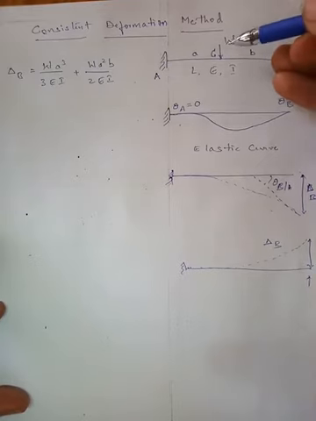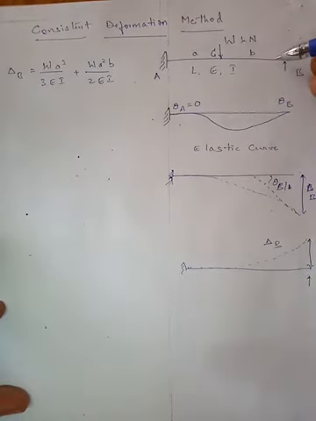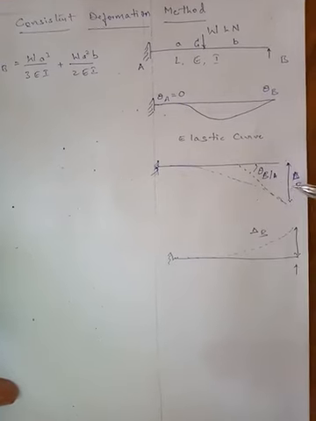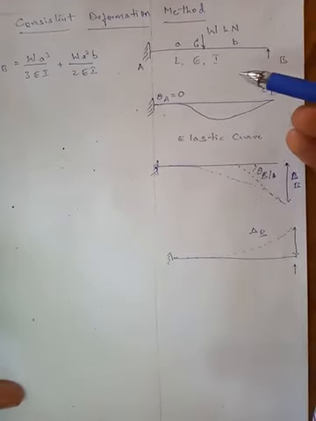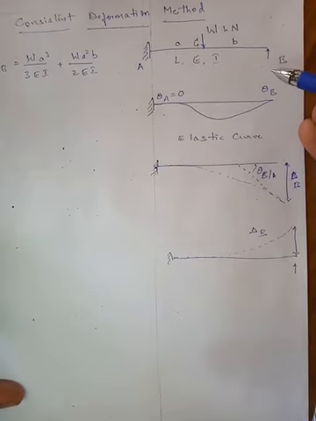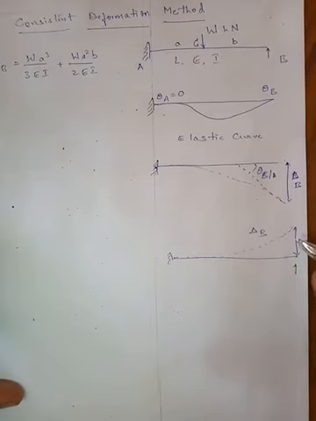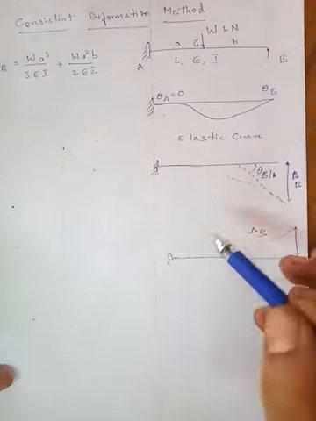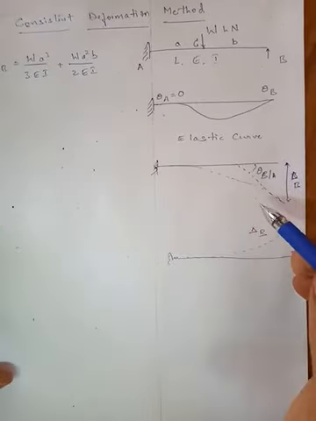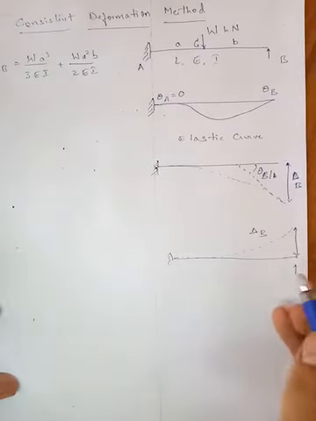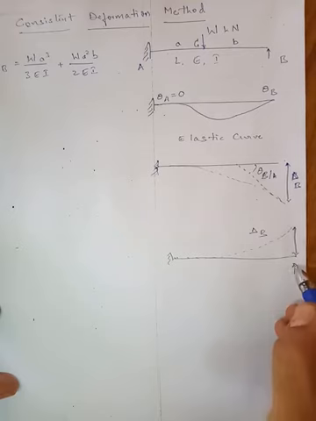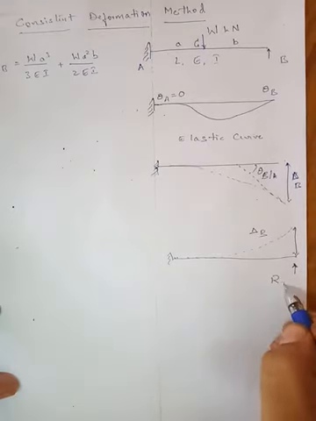So just imagine this load is pushing the point B, delta B downwards. The same way, support B is pushing this point B, delta B upwards, so that the negative delta B and the positive delta B will nullify each other. So if you want this delta B, here there is a point load. I'll call this RB. Why?